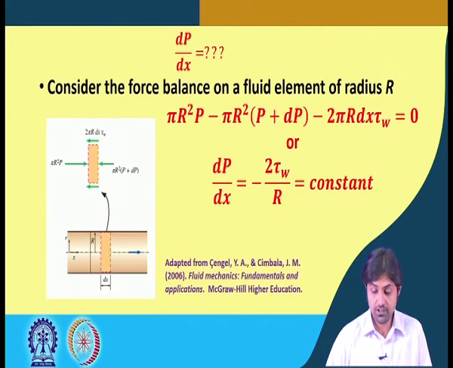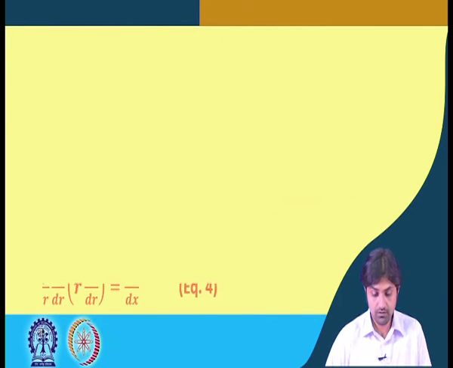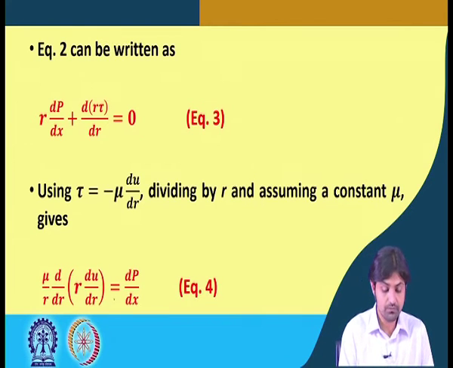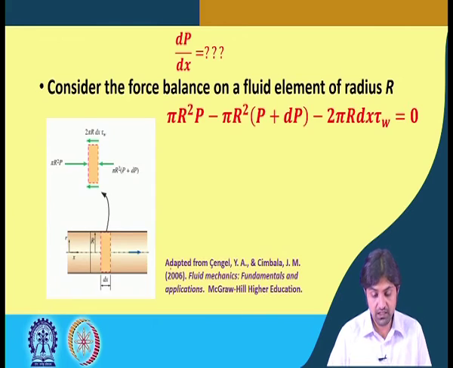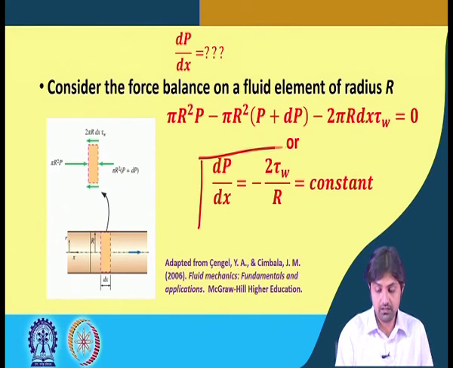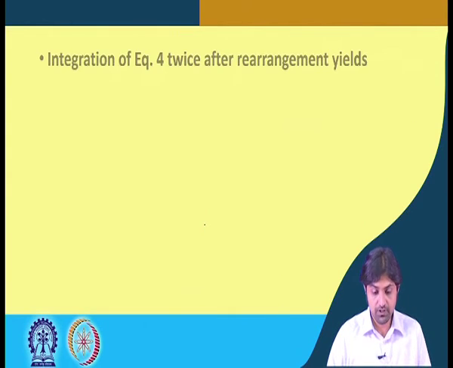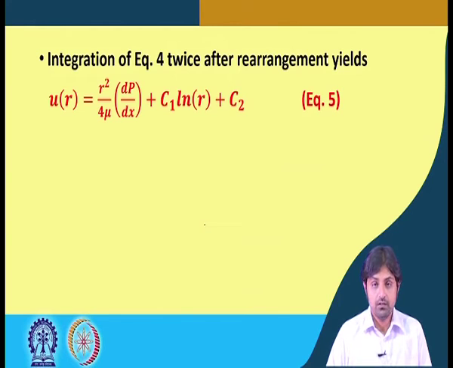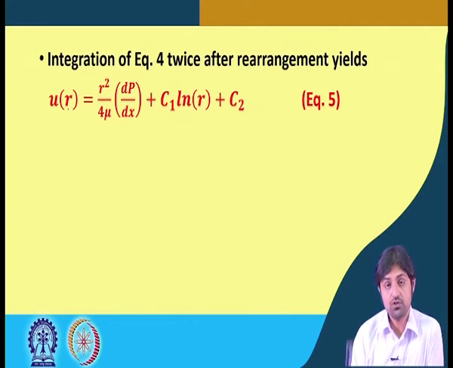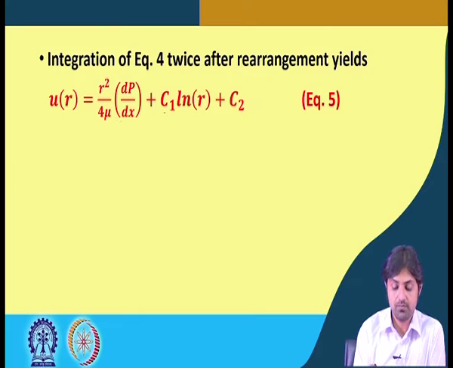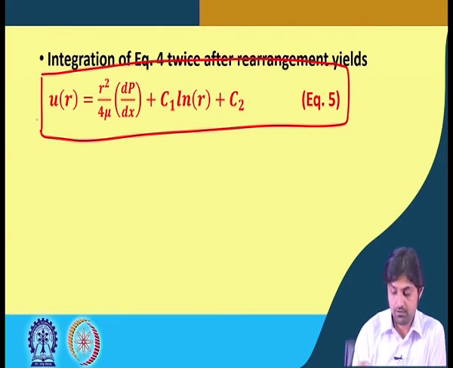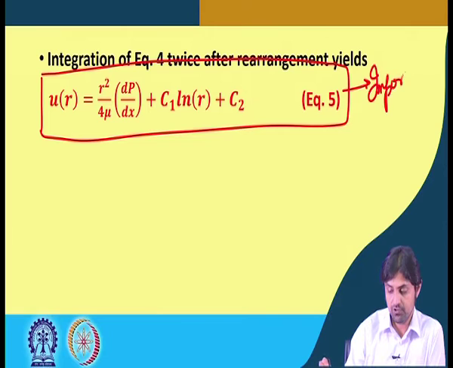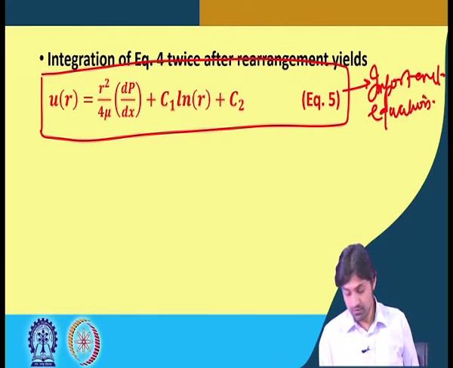So if we integrate this equation, equation 4, after obtaining this result, we will get u as a function of r is r square by 4 mu times dp dx, because dp dx was constant, plus c1 ln r plus c2. This is an important equation.